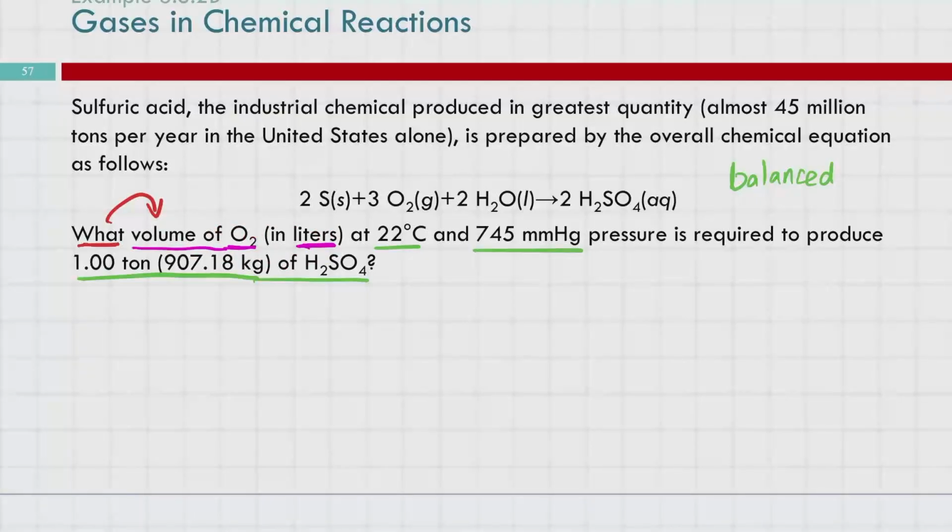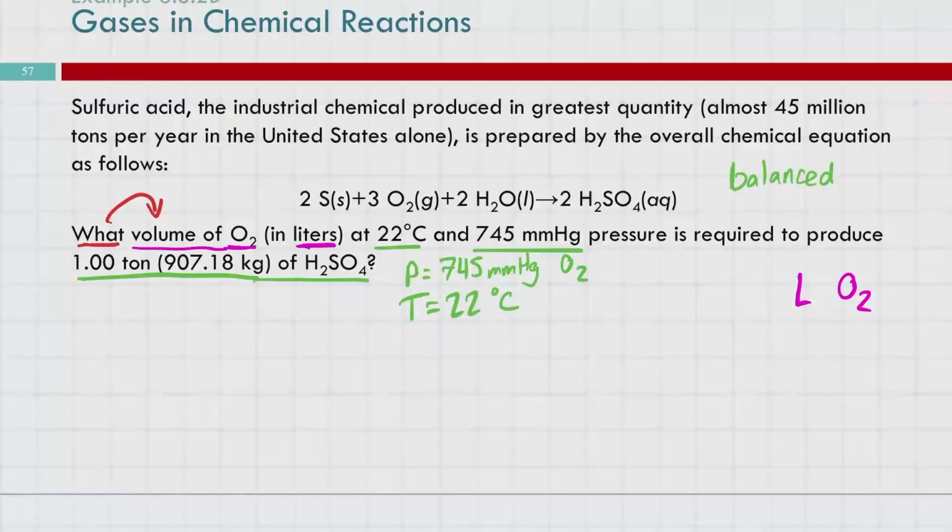What's some information that we are given that we might choose to start our problem with? We are given pressure. And we're also given temperature. Can we find liters of O2 with pressure and temperature?